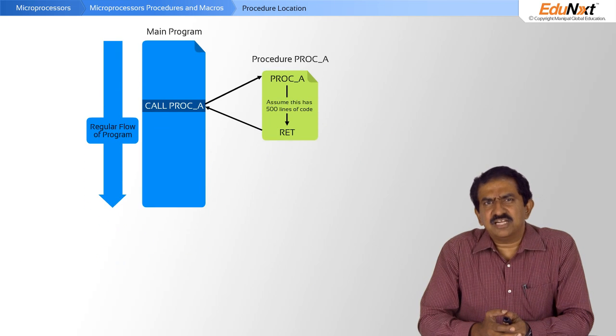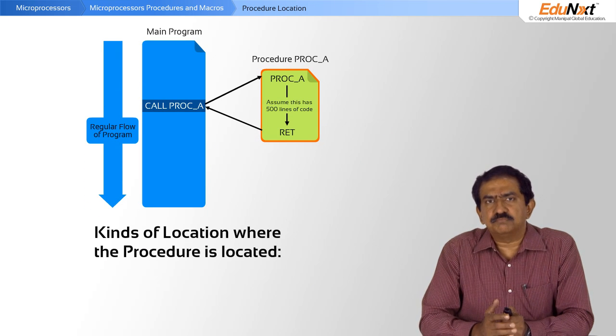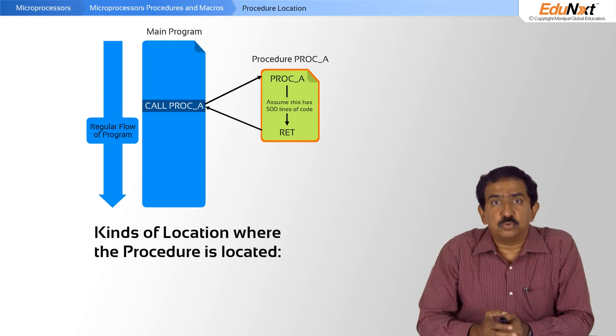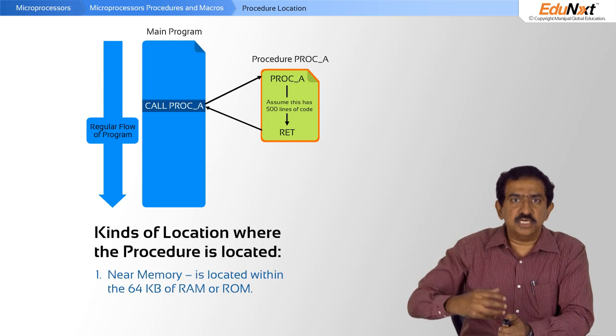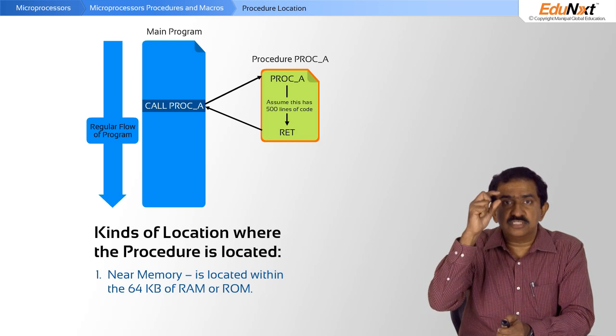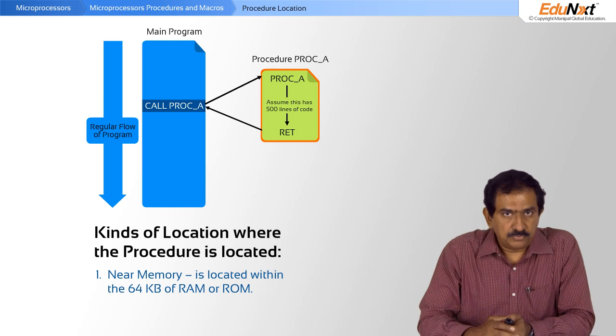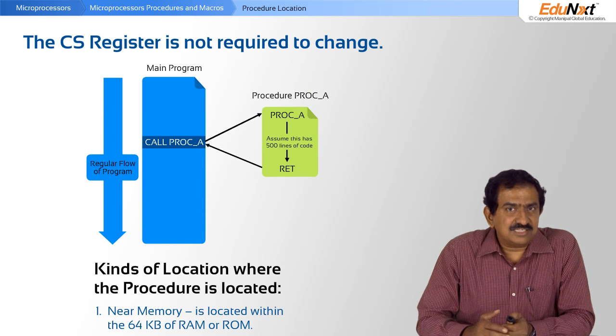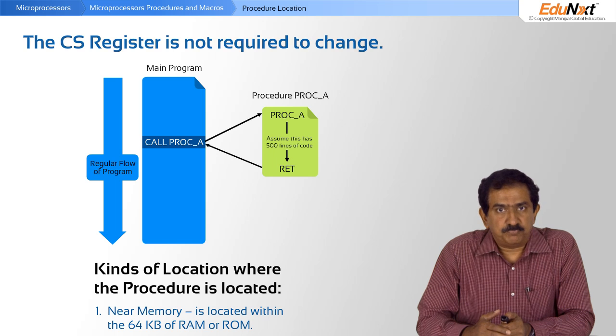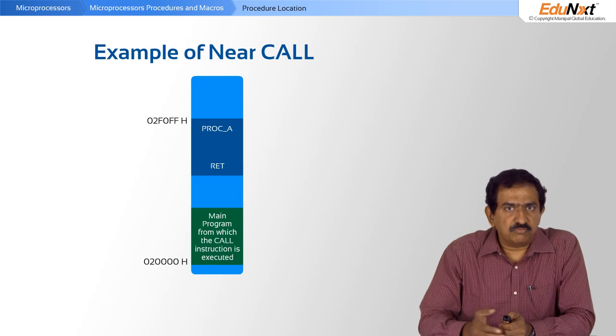And there are two kinds of locations where the procedure could be located. One is what is called the near memory, which is within the same 64 kilobyte of RAM or ROM. In this case, the CS register does not have to change, right? So for example, this is an example of a near call.